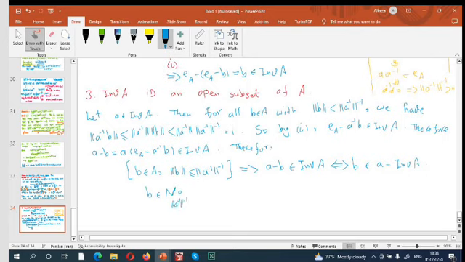Okay, B belongs to these balls because the distance of B and 0 is less than this radius. This is a positive real number. We see that B belongs to this set.